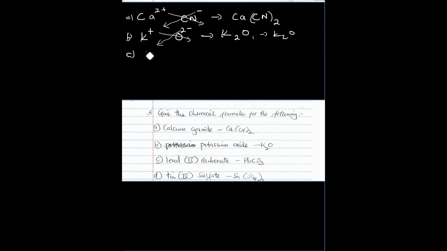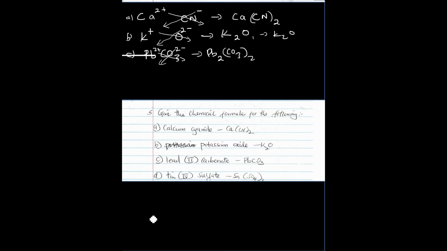Lead carbonate. So that's Pb. We know carbonate is CO3. Pb has charge of 2 plus. Carbonate has a charge of 2 minus. So in other words, you should have dropped these numbers down here. So you should end up with Pb2 CO3 2.